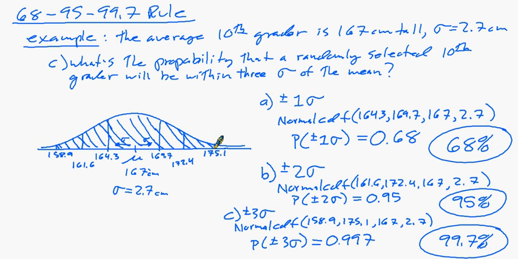So again, if we talk about outliers, just how unusual are outliers? We can answer that question now. Something that is outside of 3 standard deviations, either above or below, only has 0.3% chance of happening. So that's a very low probability, so it's a pretty unusual value.